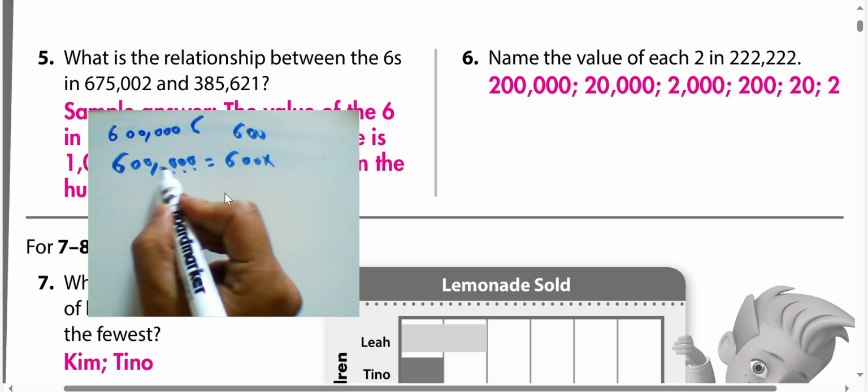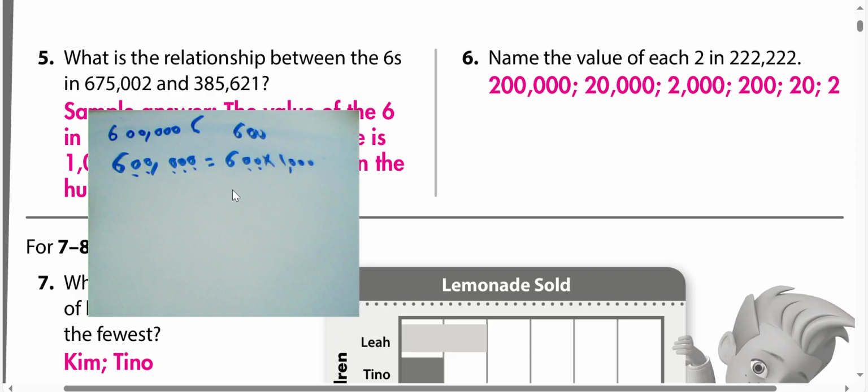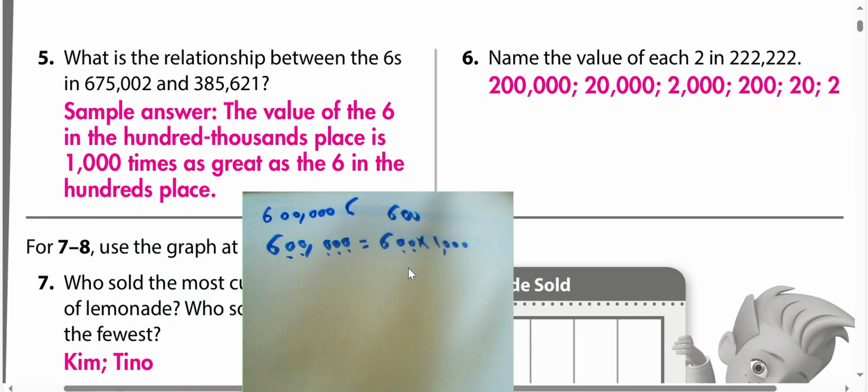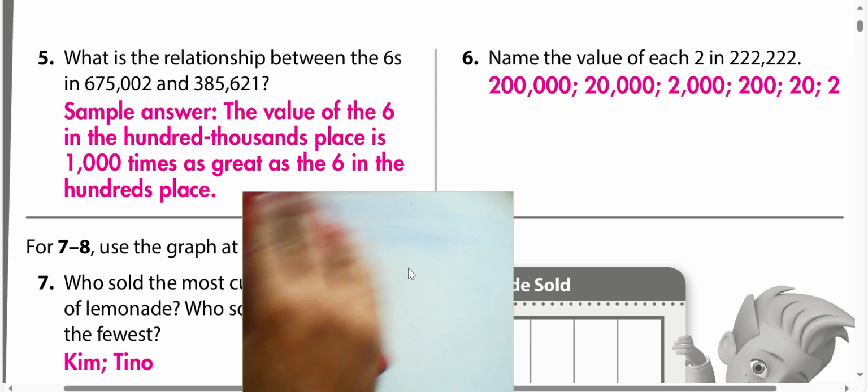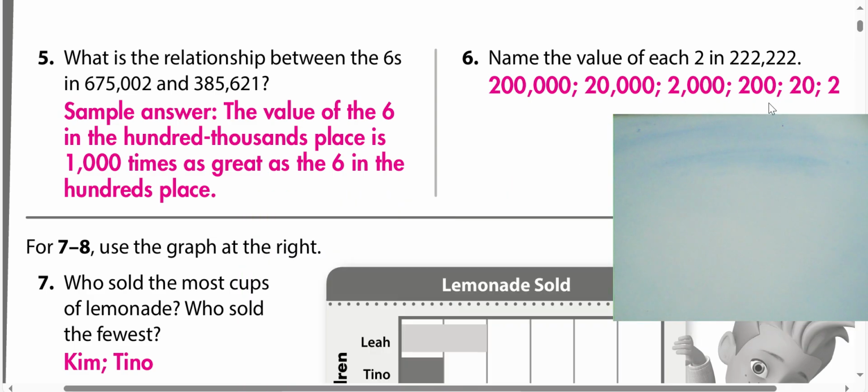We have 1, 2, 3, 4, 5, but we have 2 only, then we must multiply by 1,000. Okay, then the value of the 6 in the 100,000s place is 1,000 times greater than the 6 in the hundreds place. And next, name the value of the digit. So we can write on the ones, in the tens, 100,000, 10,000, 100,000.